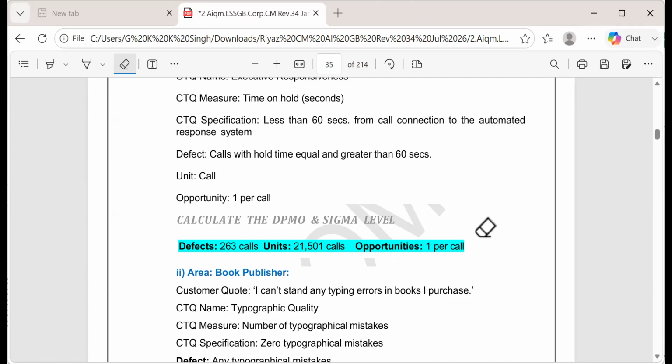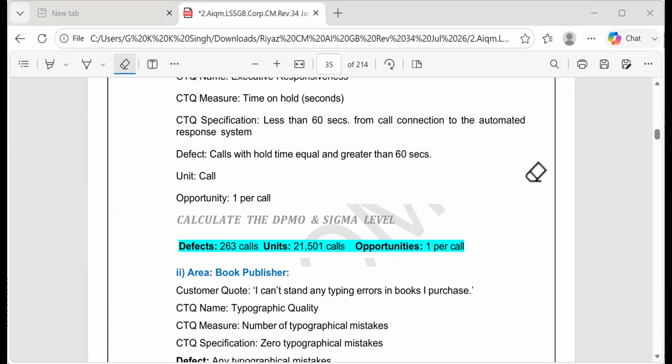So what is the DPMO and what is the sigma level? How much is the DPMO? 12,231.